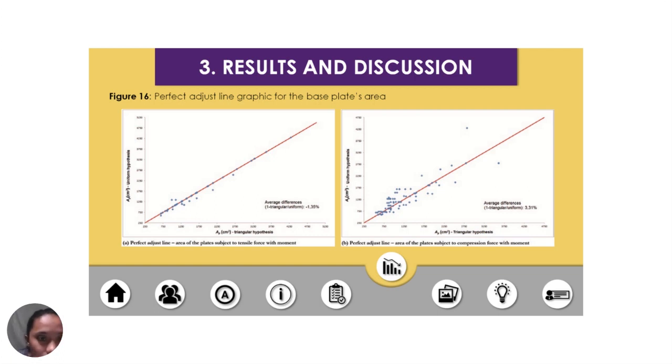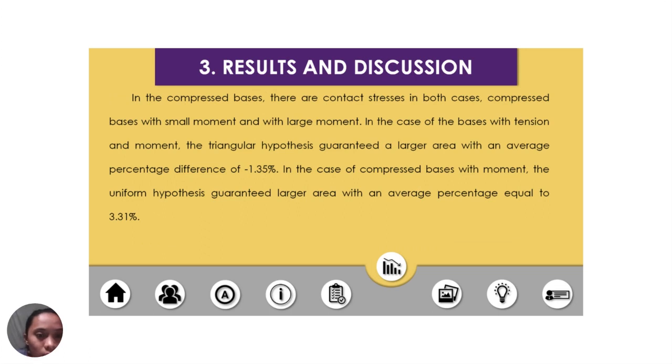And graph B is the perfect fit line area of the plate subject to compression force with moment. So in the compressed bases, there are contact stresses in both cases, compressed bases with small moment and with large moment.